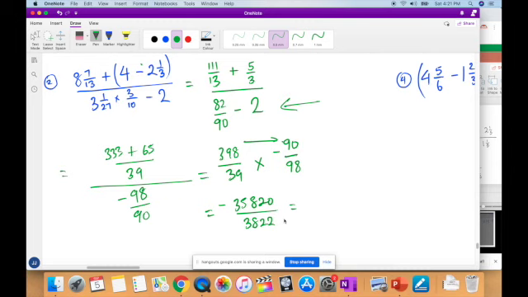35,820 over 3,822. The answer that the calculator gave me here is negative 9 and 237 over 637. Y'all get that? No. What did you get? I'm getting another mistake.